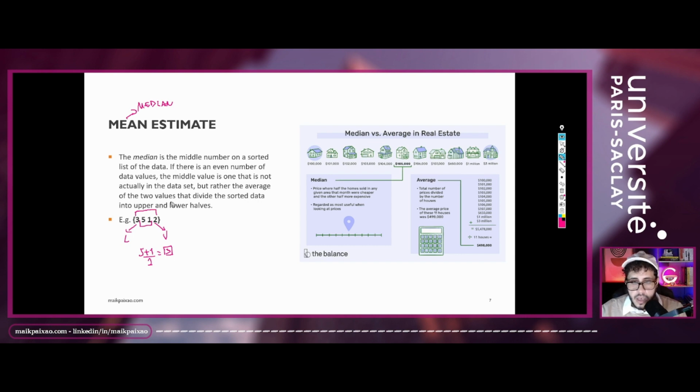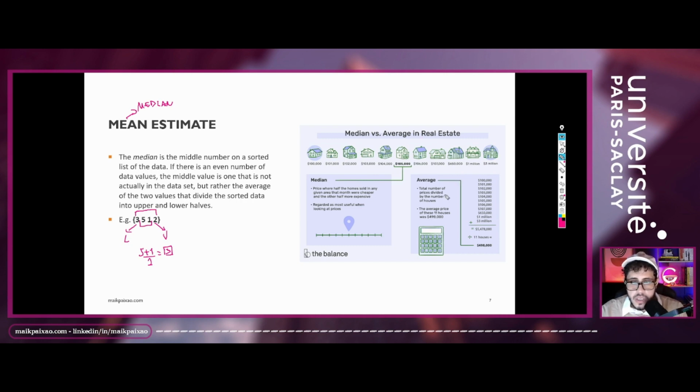And right here we have an image showing the difference between the median and the average, or the mean. We see here a list of house prices, and the list has prices varying from $100,000 to $3 million, and we can see that calculating the median and the average, or the mean, we have different values, right?